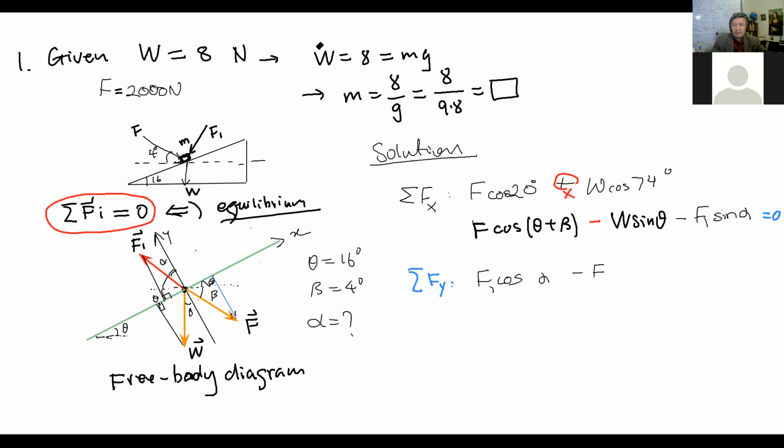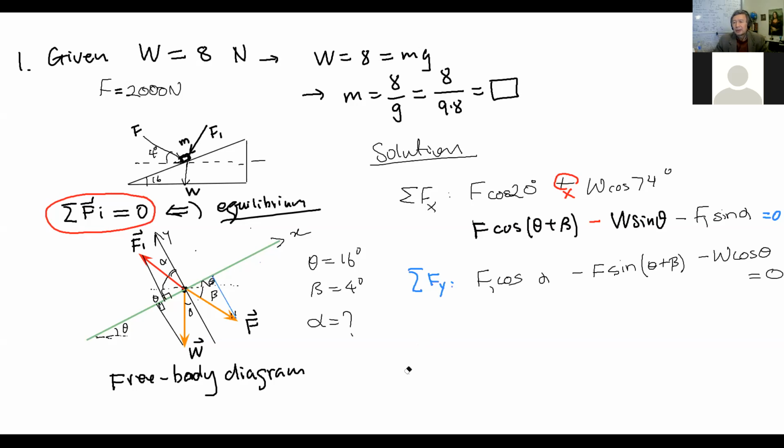This is 20, plus beta, minus W cos theta equals 0.